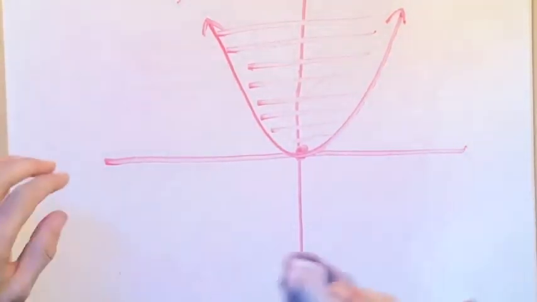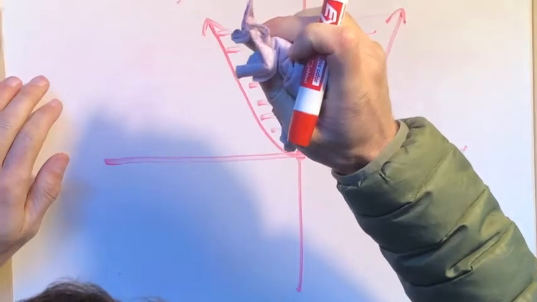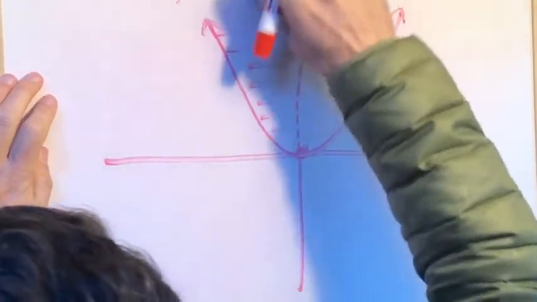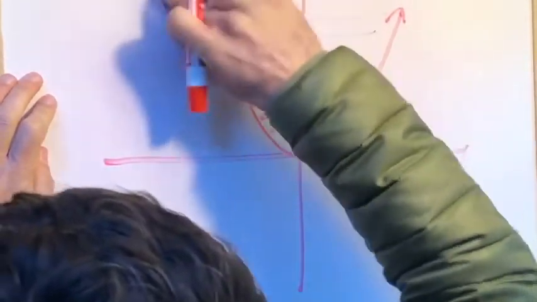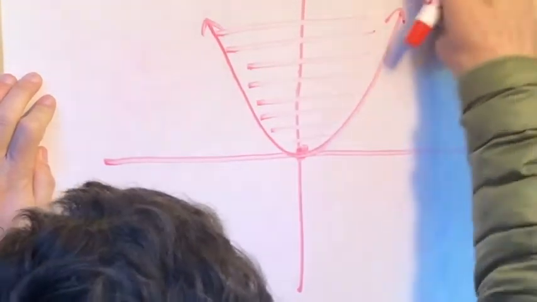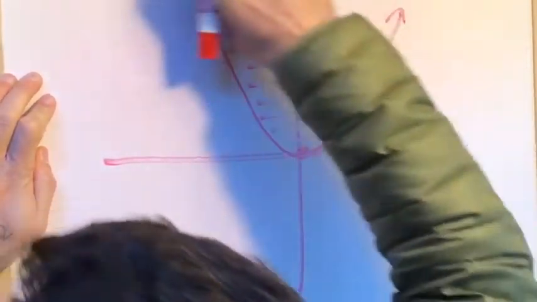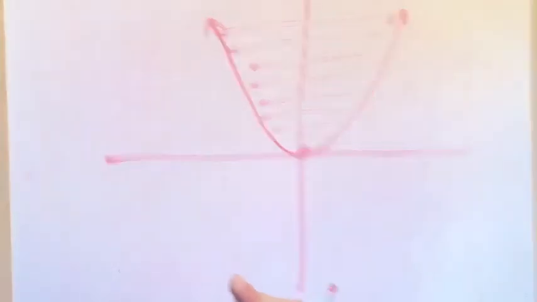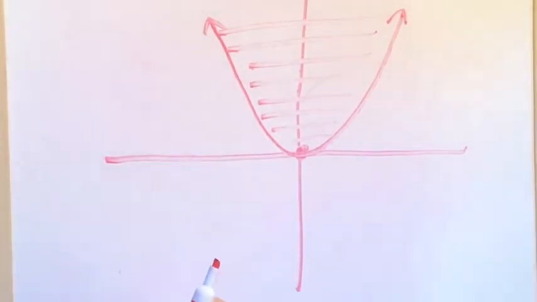The second one looks a little weird. It says x squared plus y minus 2 squared is less than or equal to 16.